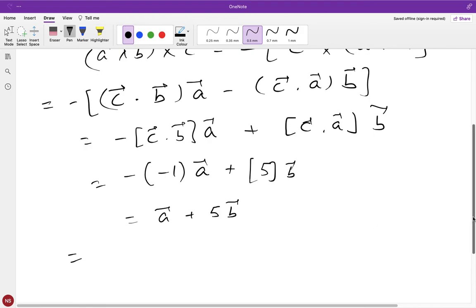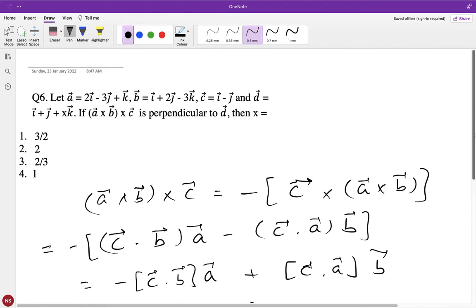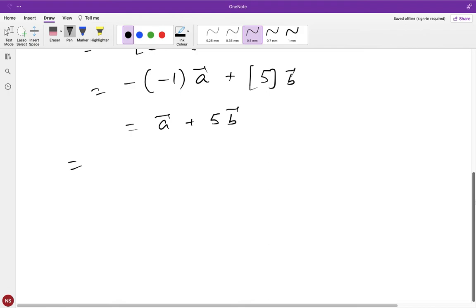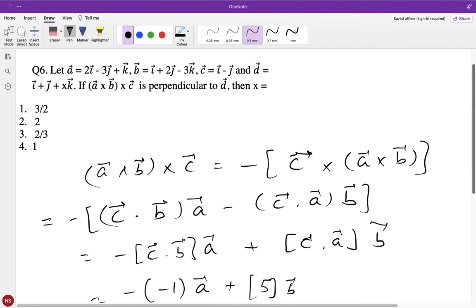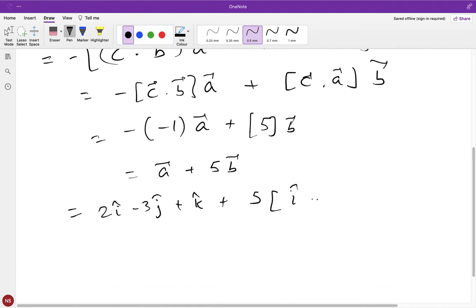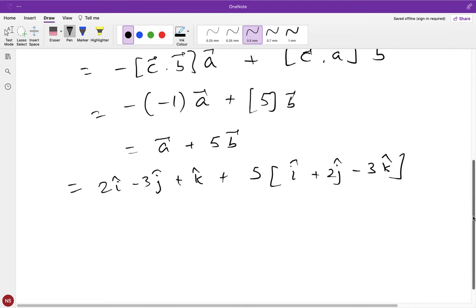a is given to me. What is a? a is 2i minus 3j plus k, and b is also given to me. i plus 2j minus 3k.